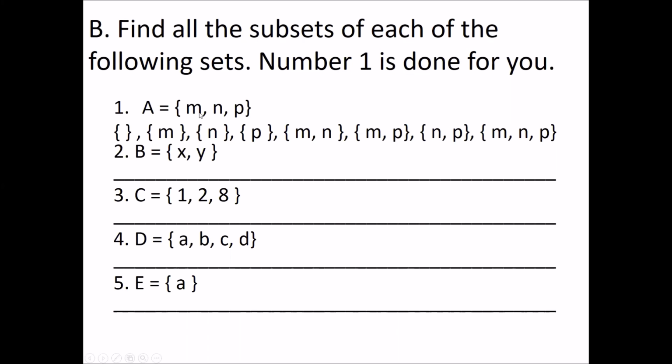Then one element at a time is a subset of the given, so M, N, and P. Then two at a time, M, N, P, N, M, P. Then you can take three, M, N, P. So these are all subsets of the given.